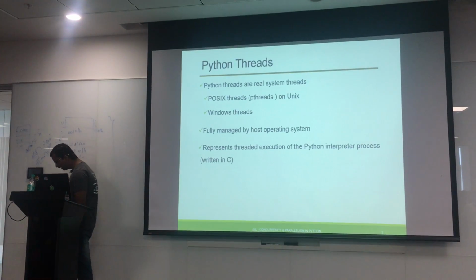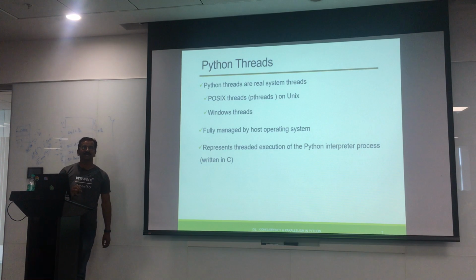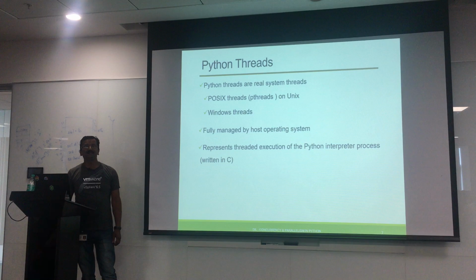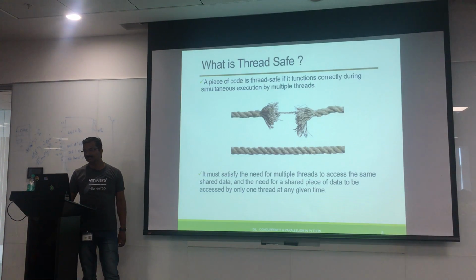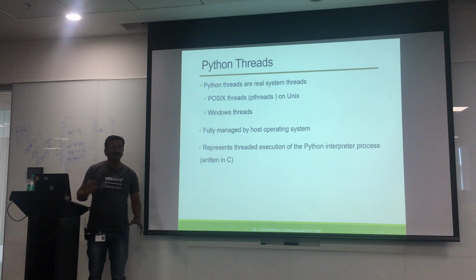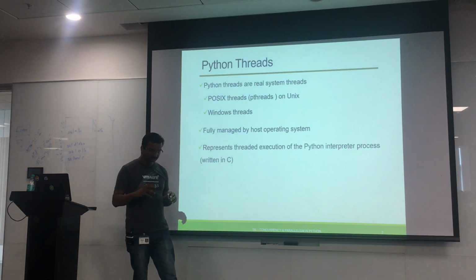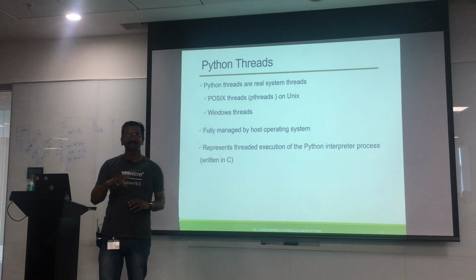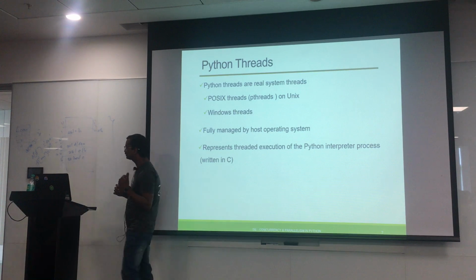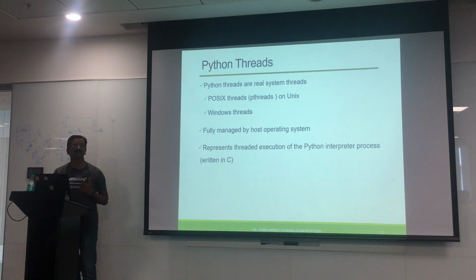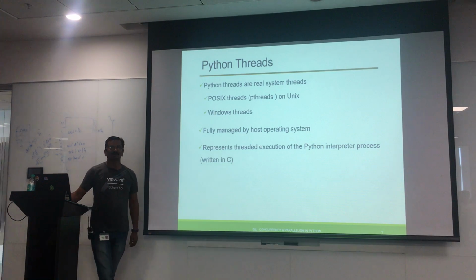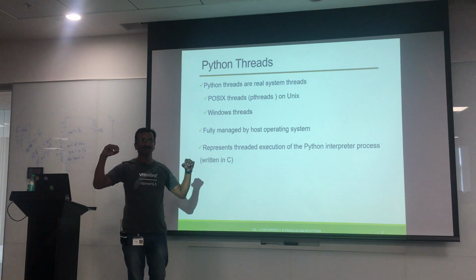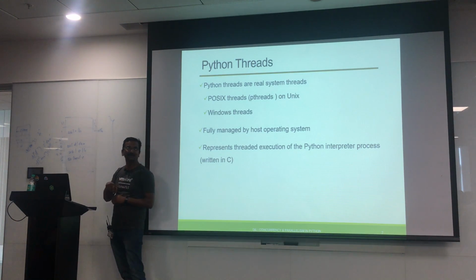And that is fully managed by the operating system, right? And the Python interpreter, how is it working? It tries to do multiple things. Then the problem comes: Rivas was talking about reference count updates, right? What will happen when two different threads try to write to the same memory location?